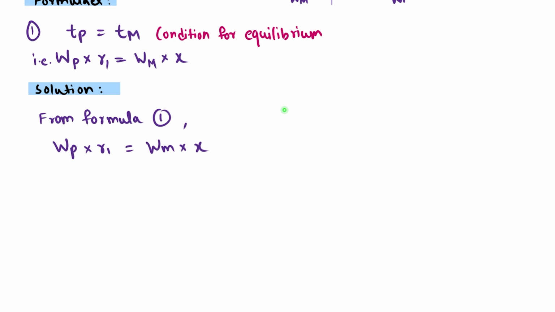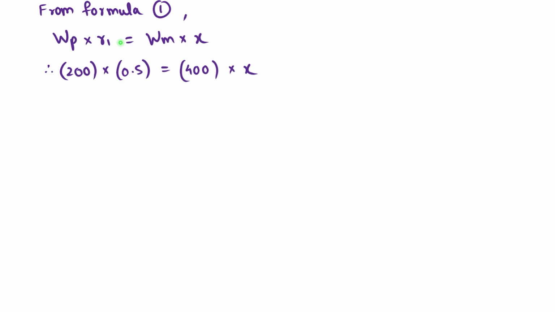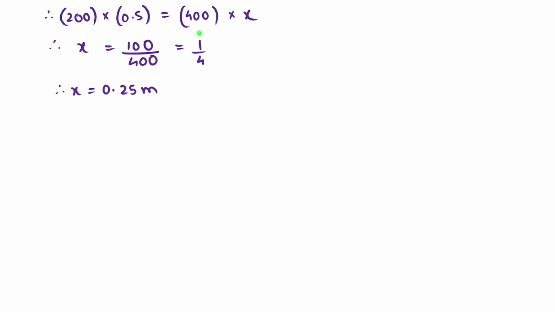Now, from this point, the solution becomes quite easy. All we have to do is substitute the values in the formulas. So we can say from formula 1, we get this particular equation. And if we were to substitute all the known values in the given equation, the only unknown term is x. And if we were to solve and simplify this equation, we would get x as 0.25 meters.